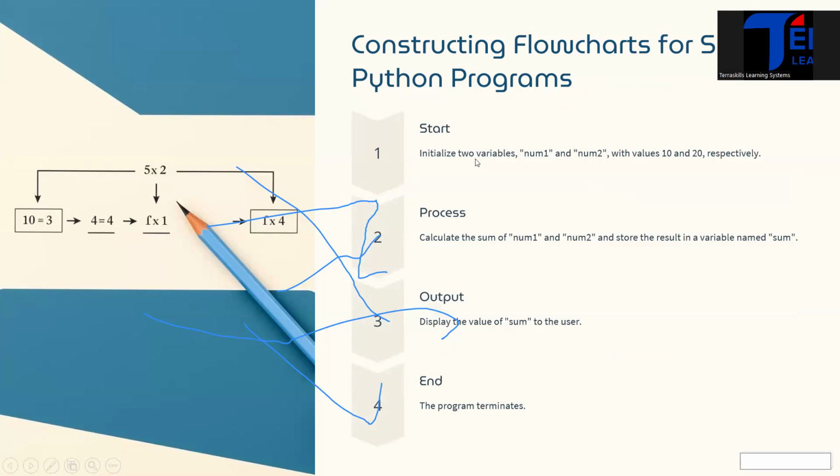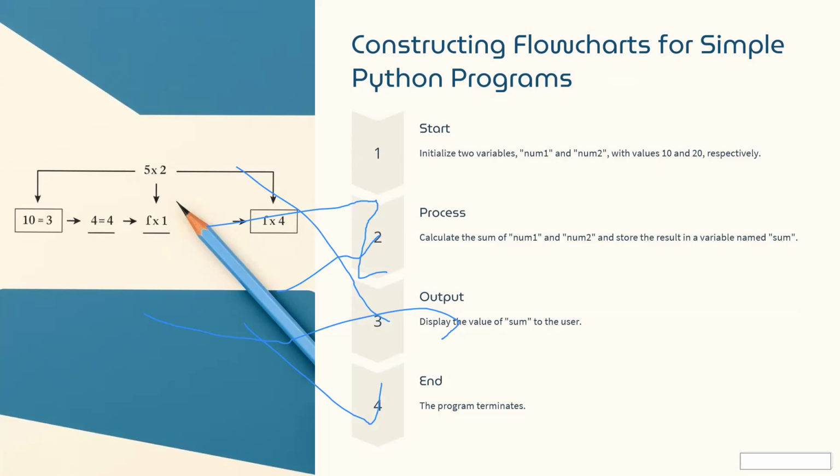So you now have start. The function of the start is to initialize two variables. This is an example of a program. So we are writing a simple program in Python, right? The program is that we want to add two numbers together, 10 and 20. You are asked to write a program that adds two numbers together.